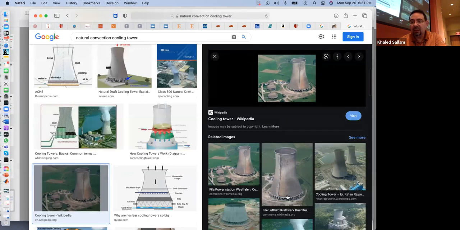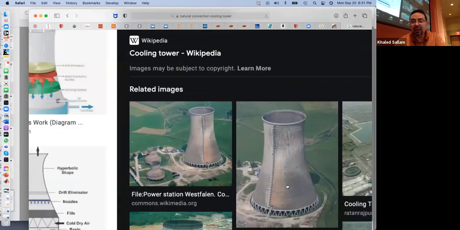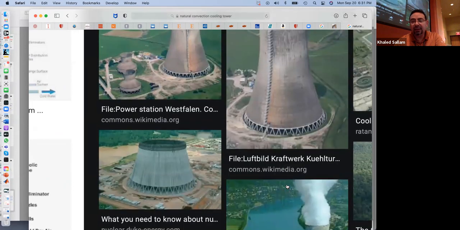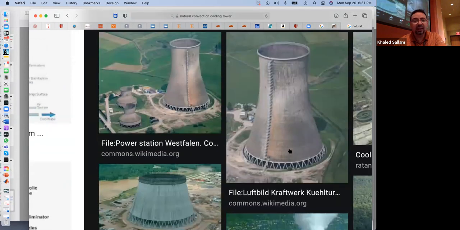Look at that. When it's really that big, it can run without a single fan. It does not need fans to blow the air; it will just drive the hot air by itself.